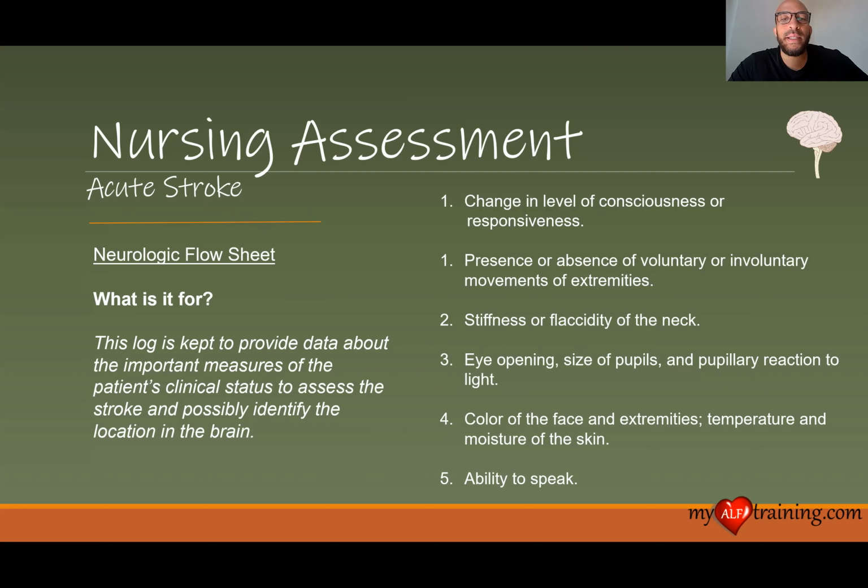So it's very likely that they will have another stroke if they're not following treatment protocol. So changes in the level of consciousness or responsiveness. We should note that, write that down. Were they easily awakened? Were they engaging in conversation? Was it easy to talk to them and hold the conversation?